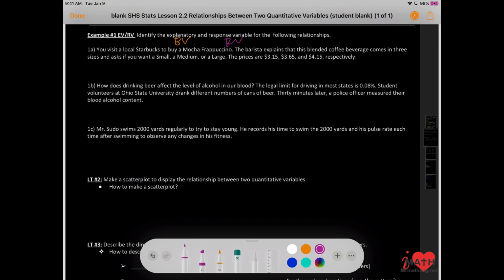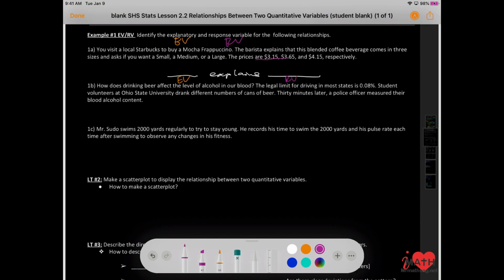Okay, so let's think about this. Which one explains the other? Blank explains the blank, right? Explanatory variable explains our response variable, the results. Well, what's the results?